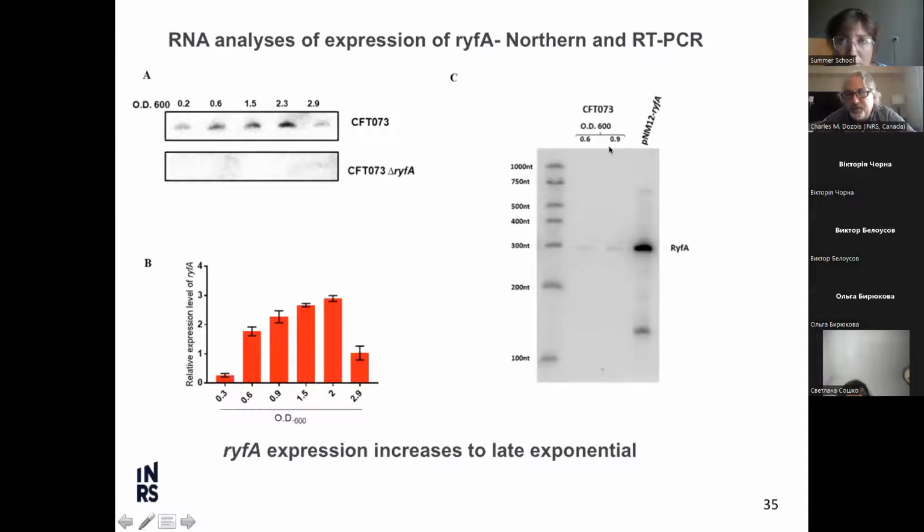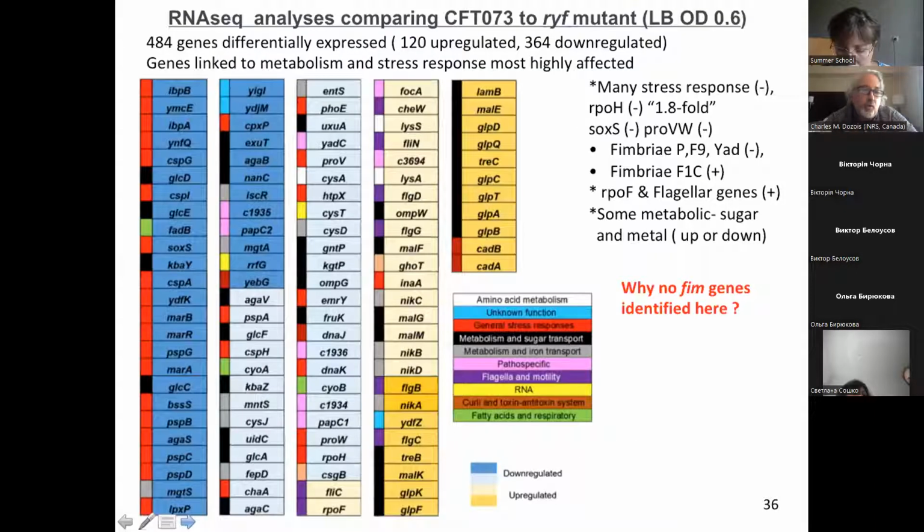And so here, this is just a northern to detect it directly from the native cell as well and compare it to a clone copy to see the size of it. And so that corresponds to what we predicted and what others have predicted as the size of this particular small RNA. So what could we do to look further into how or why it was being affected for oxidative stress, osmotic stress, and a number of different factors?